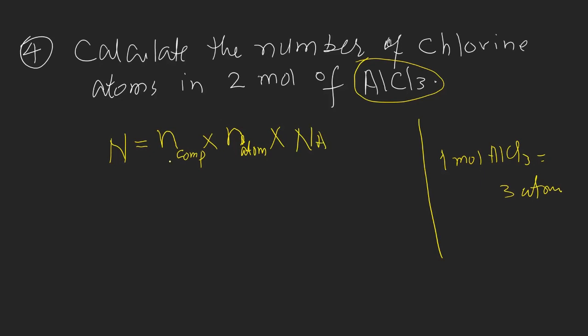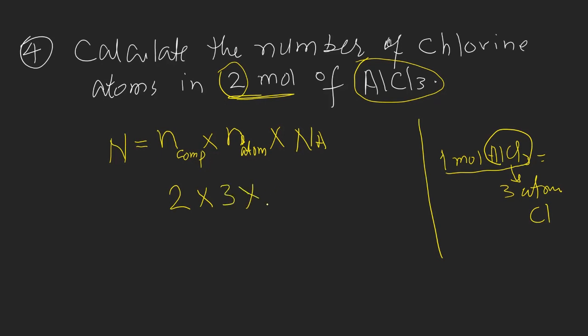So the moles of the compound given to you are 2 moles of AlCl3. Because it says 2 mole of AlCl3, it means the 2 mole is for the whole compound. So we'll write 2 here, and then we know that in each mole of aluminum chloride there are 3 moles of chlorine atoms. So the number of atoms in each mole is 3.